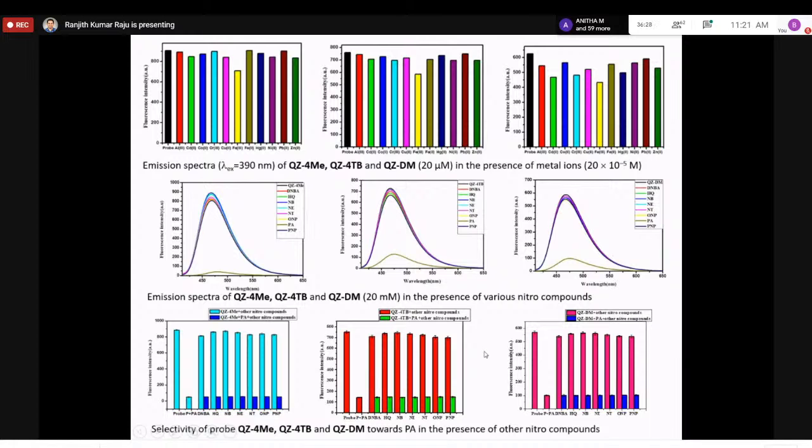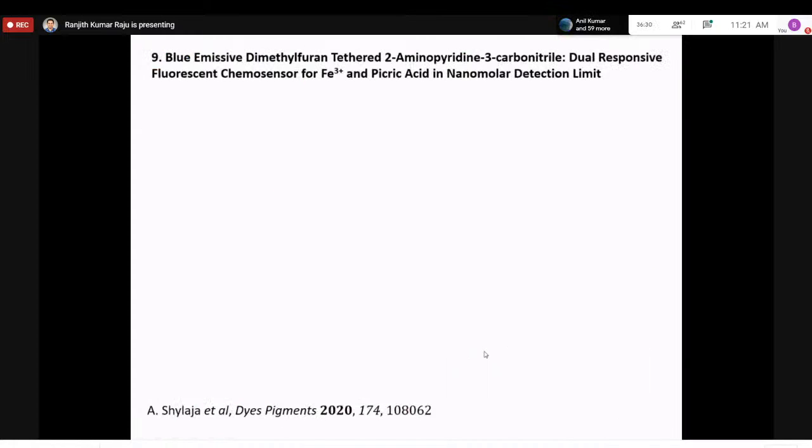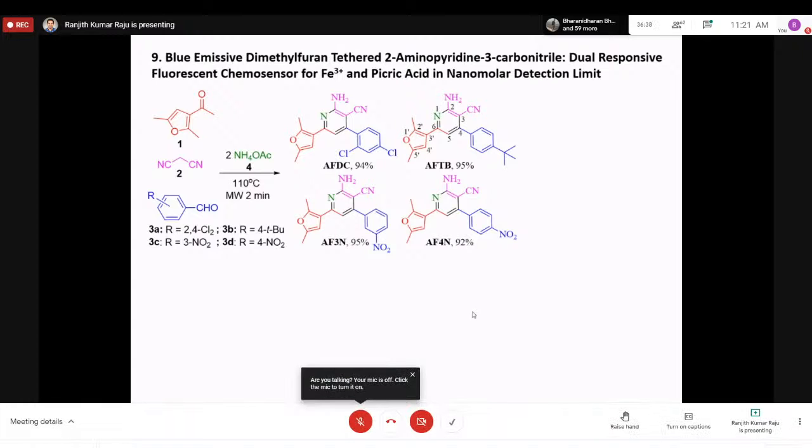We proposed the mechanism, which I will discuss in a later example. We thought that the presence of this aminopyridine itself would exhibit fluorescence, and we wanted to make the free pyridine ring system.